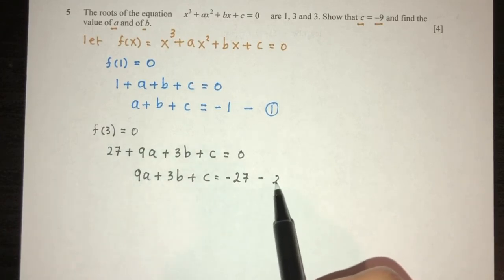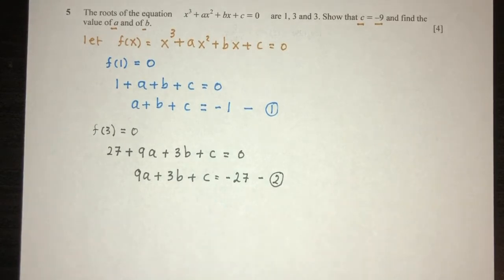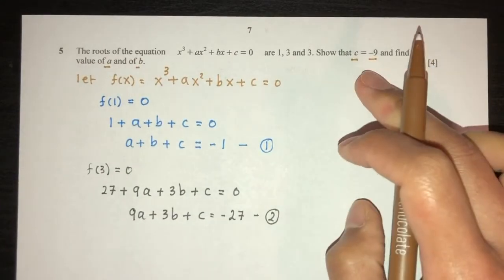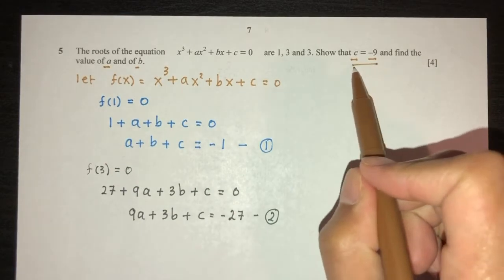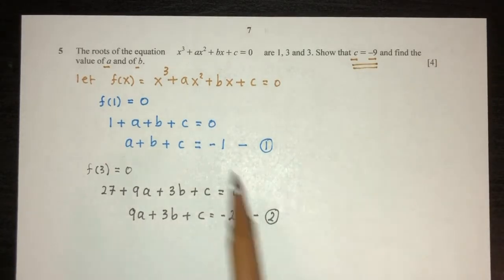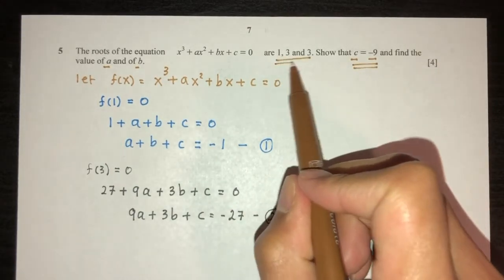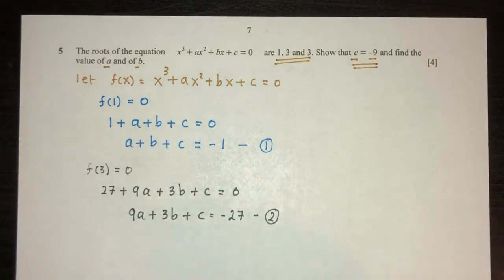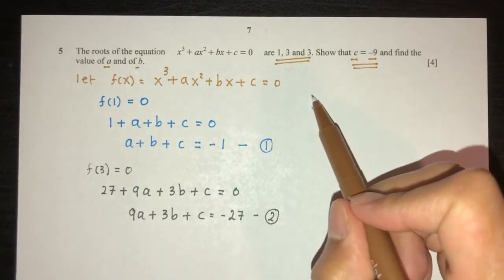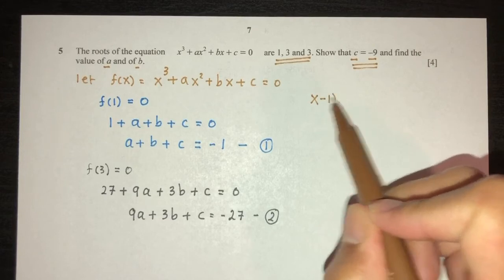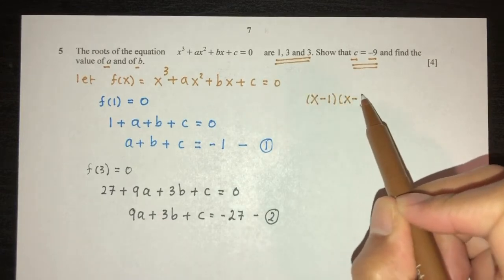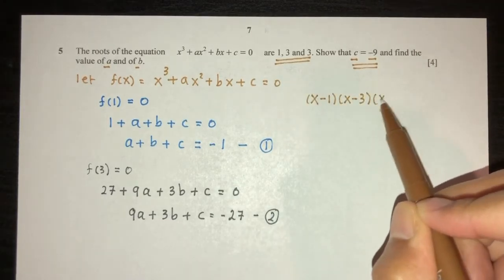That is your equation number 2. But now, as you can see here, it tells you to show that c is equal to minus 9. How can you do that? Based on this information, if these are roots, what are the factors? You will say the factors will look like x minus 1 times x minus 3 times x minus 3.